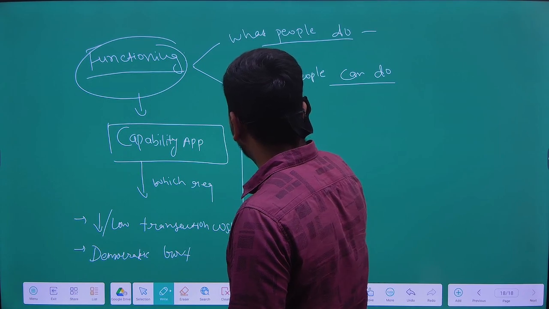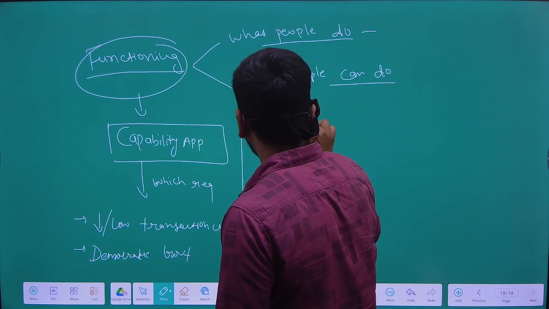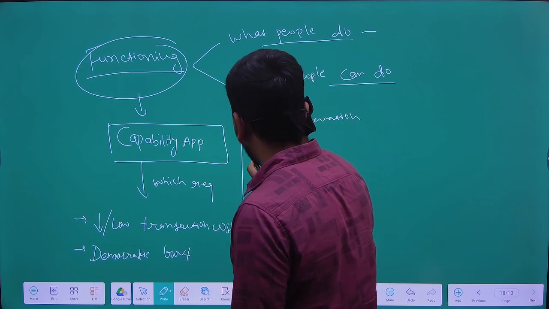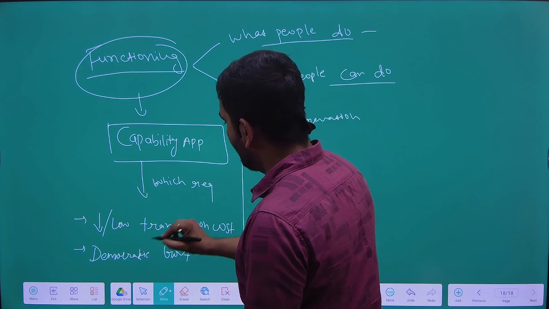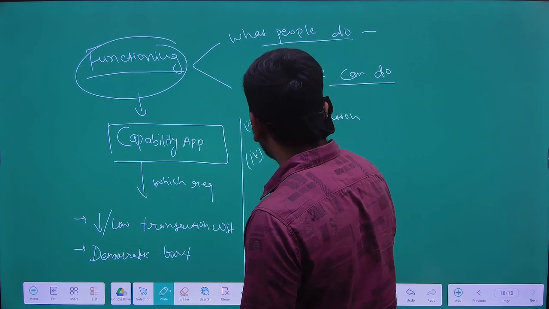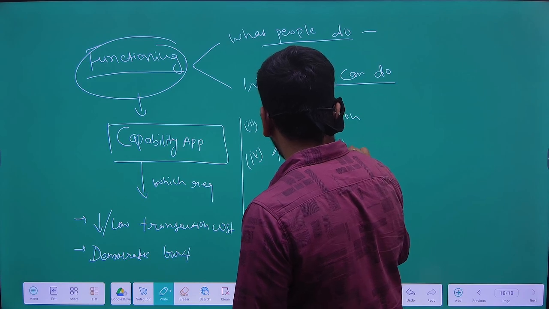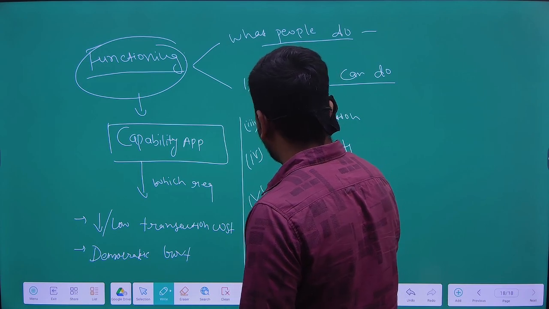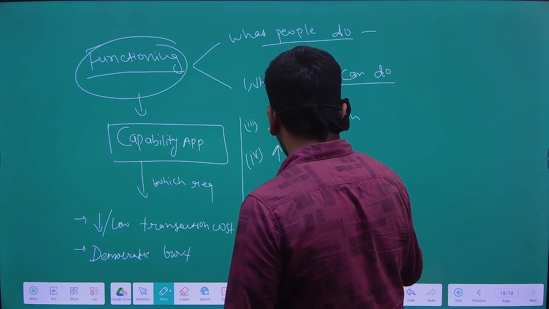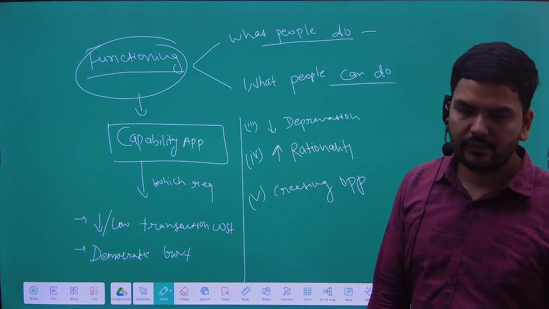Third, reduced deprivation, then increased rationality, creating opportunity. Okay, so these are required in your capability approach.